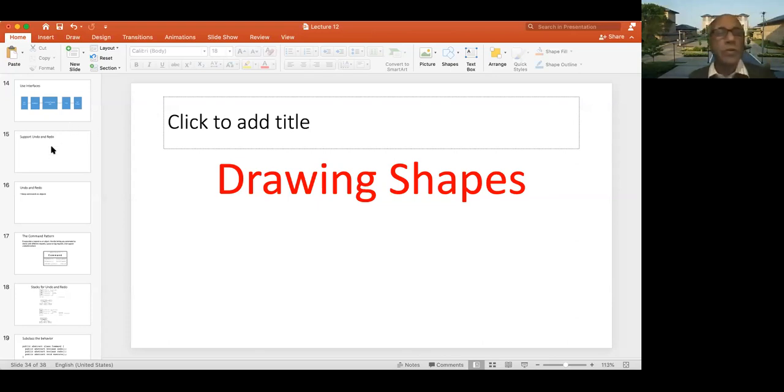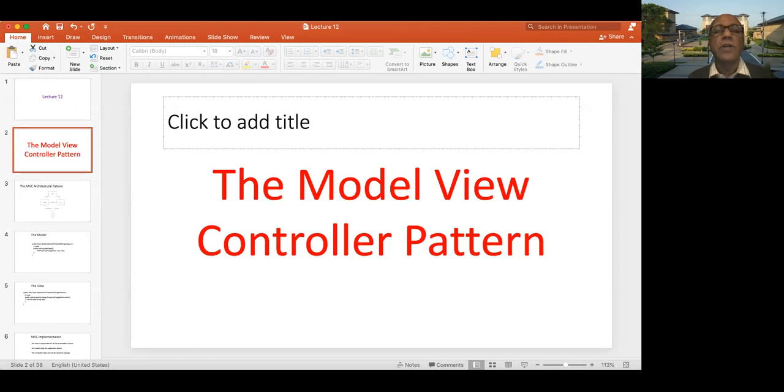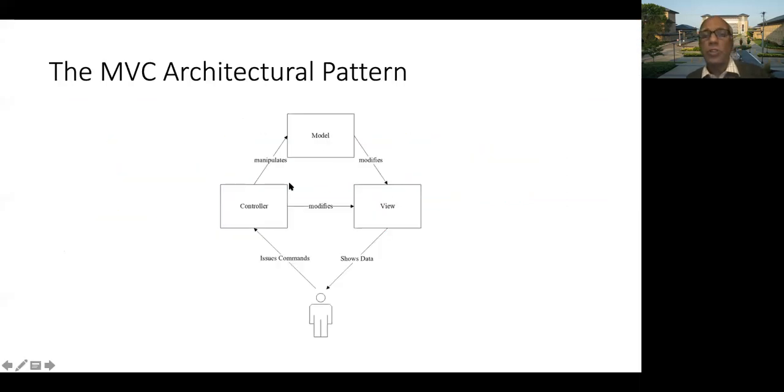All right. Let's go from the beginning itself, and then I will skip things very quickly, those that we already covered, right? So we already talked about the model view controller, and the controller is supposed to handle commands.